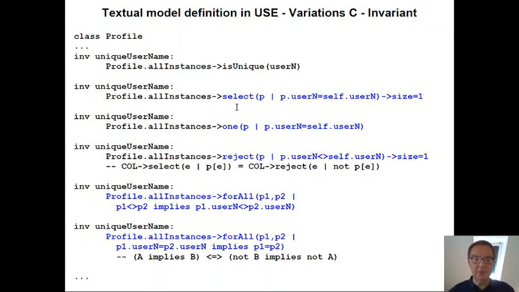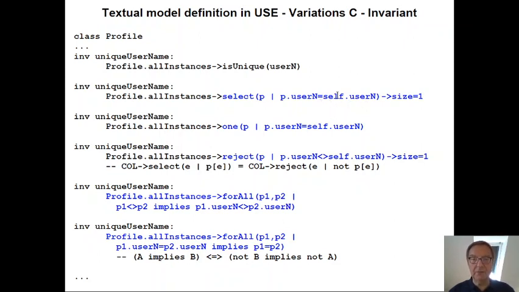This requirement here with the select works as follows. Well, again, we consider all profile objects and we are doing a selection here. We are doing a selection of profile objects P such that p.username is equal to self.username.